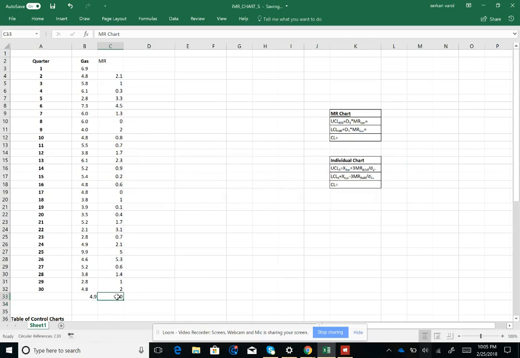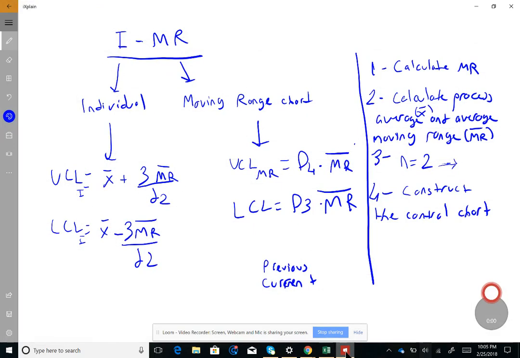Let me see. Average. Okay, there you go, I got it. It's 1.58. So that means I calculated my process average and average moving range.